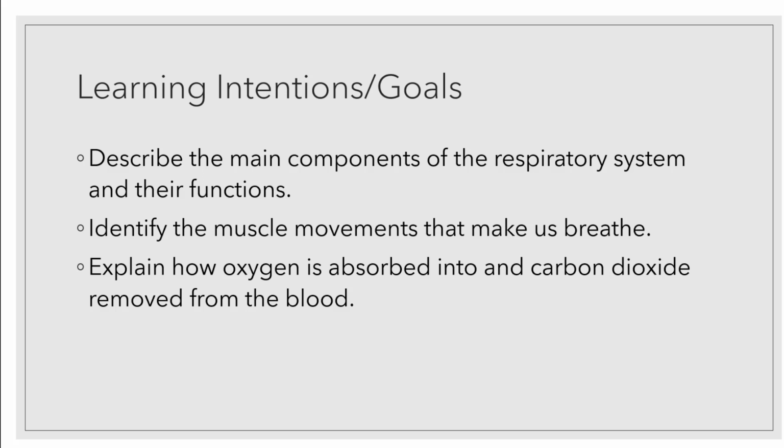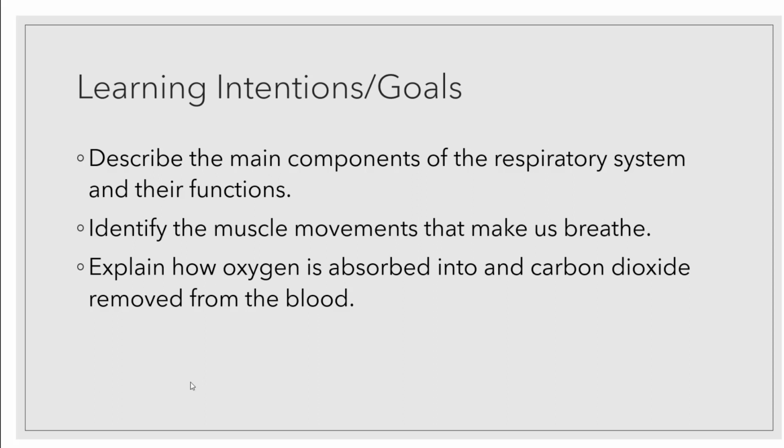The last one is we want to explain how oxygen is absorbed into our blood and how carbon dioxide is removed from the blood. I think possibly by now you know that we breathe in oxygen and we breathe out carbon dioxide. So we want to find out why that happens, how it works. And that's basically the goal of the respiratory system.